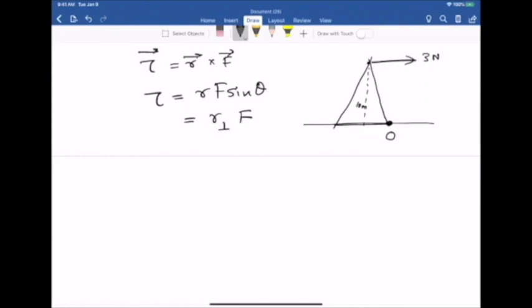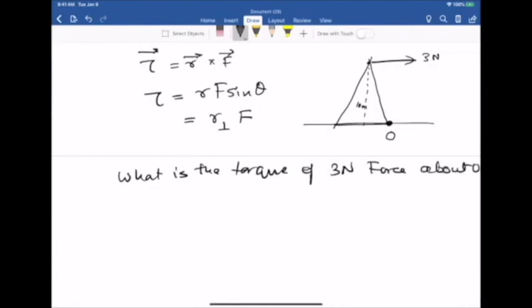So the question is, what is the torque of the 3 newton force about O? Well, how would you answer it?